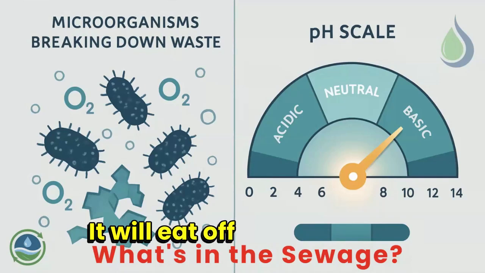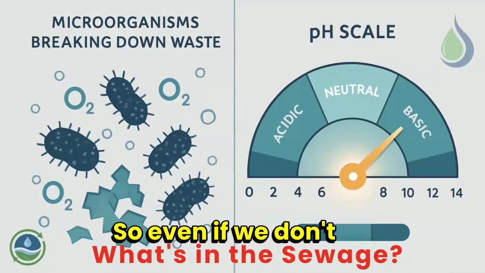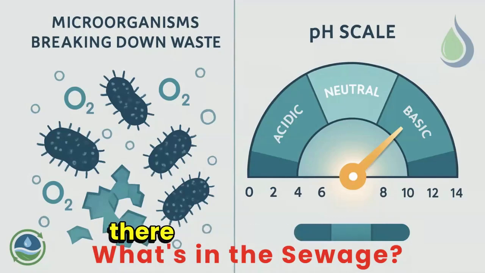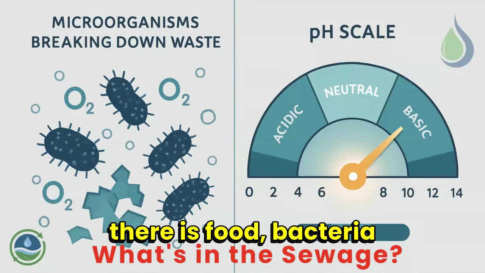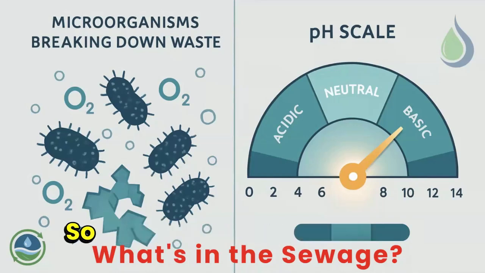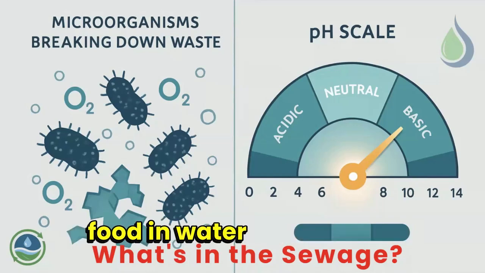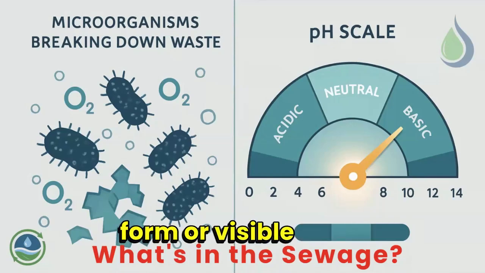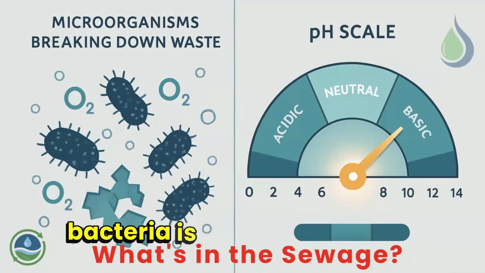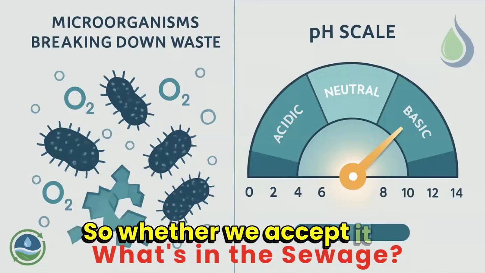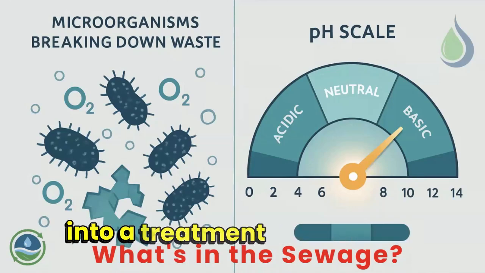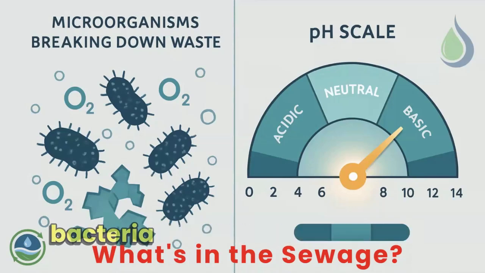They will eat off whatever we are trying to take away. So even if we don't do anything, wherever there is food, bacteria will come and try to eat. So the moment there is some food in water, in dissolved form or visible form, bacteria are always attracted.